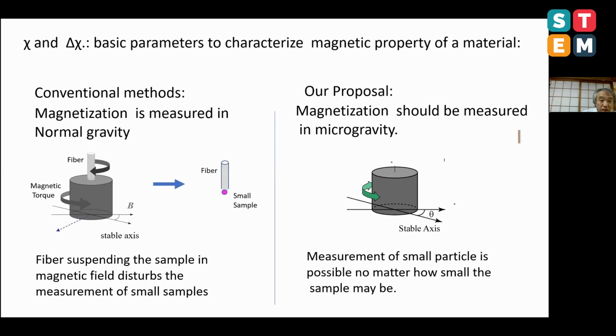Now, maybe this is a small summary. Magnetic property has been conventionally characterized by two parameters, namely susceptibility chi, and its anisotropy delta chi.